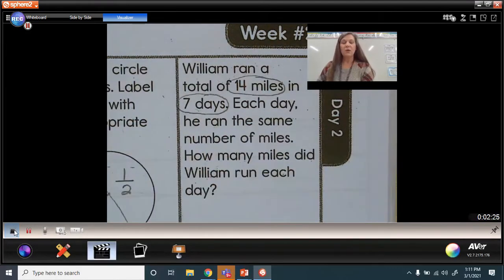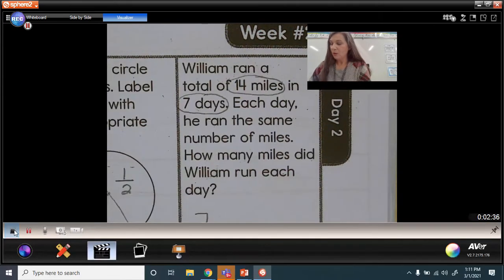We need to know how many miles he ran each day to get to that 14. So we know our groups. It's the days. We don't know how many miles he ran each day, but we do know the total miles.